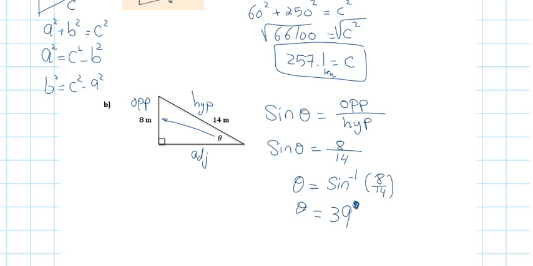Did you guys get this? Make sure that your calculator is in the degree mode. It should say D or DG at the top or something like that. Yep. It does say D, right? Right here. So you have to do shift sine and then 8 divided by 14, close bracket. Oh, you know what?